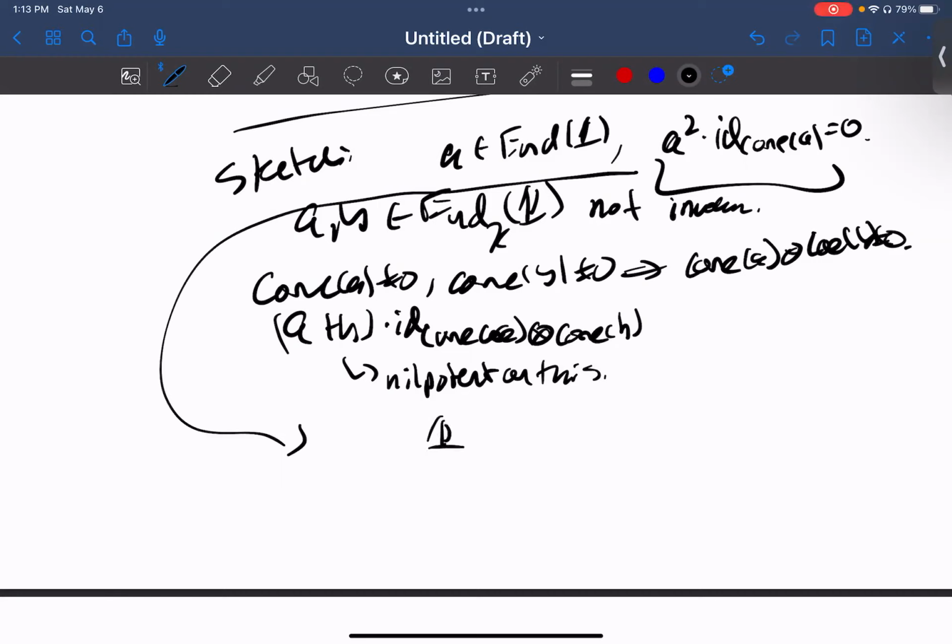To show that this fact here, this is actually not too hard. For this one, you're just taking like 1 times A, 1. It's a very similar trick to what we used earlier.